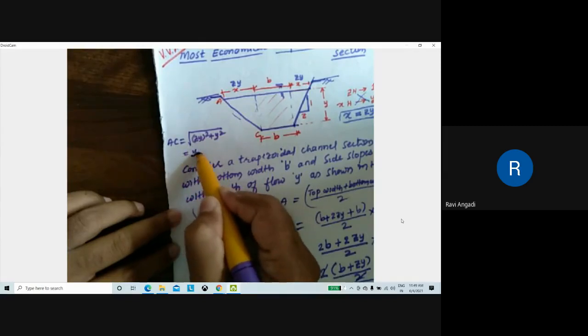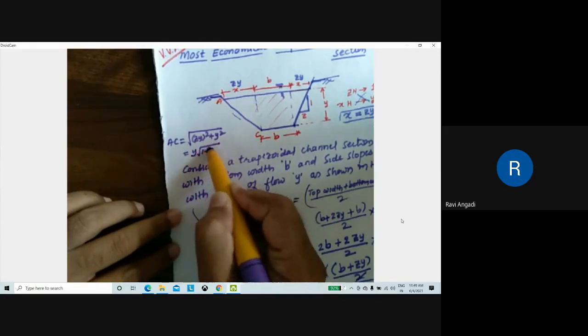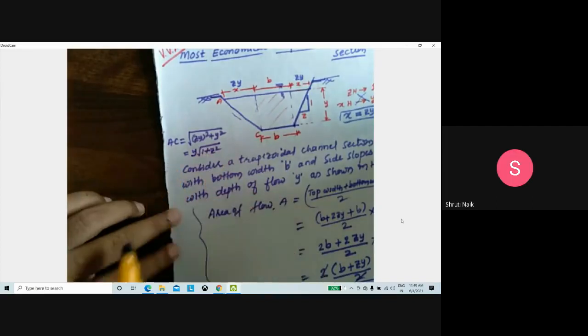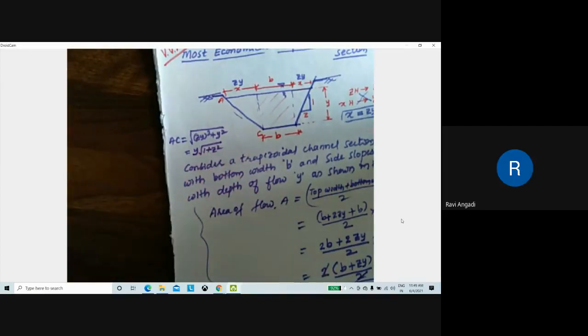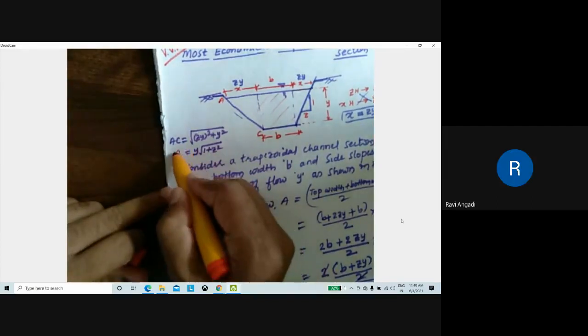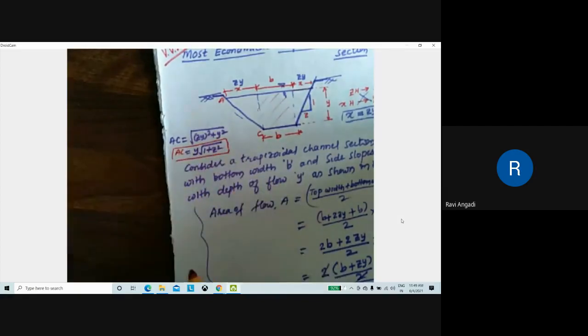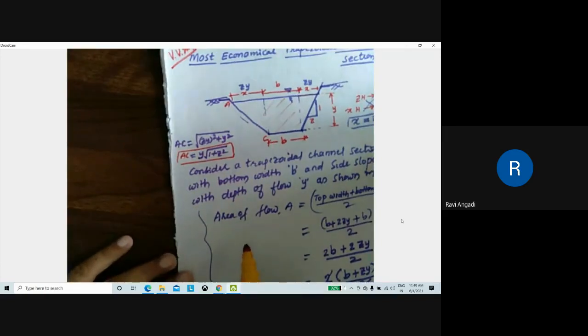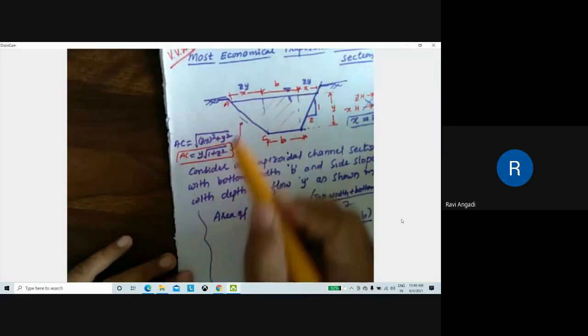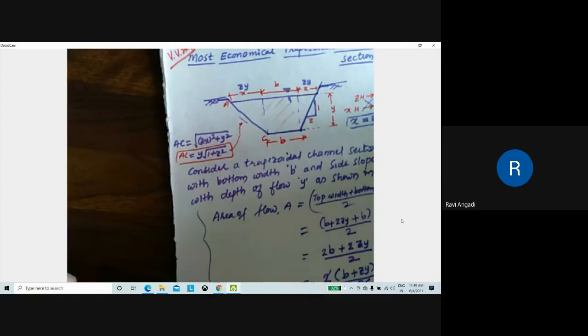It is Y times the square root of 1 plus Z square. Is it correct? Please check, all of you. Yes, it is correct.